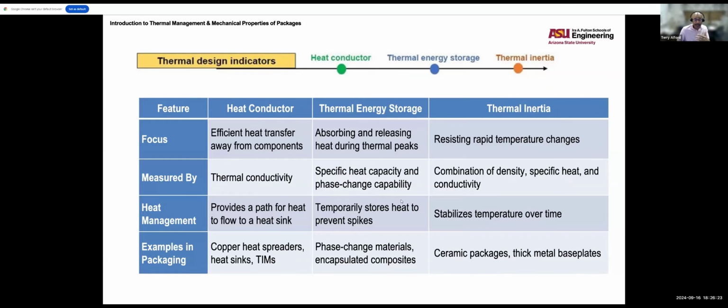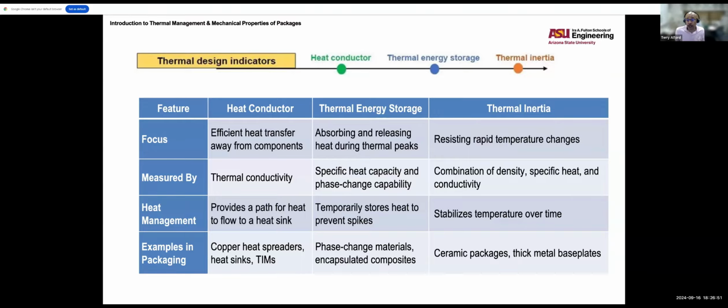They absorb all that heat to undergo a latent heat phase change, latent heat meaning a constant temperature phase change. When you do a latent heat phase change, it takes energy to undergo that phase change. So we can take the heat, store it in the phase change such that we protect the part from spikes.